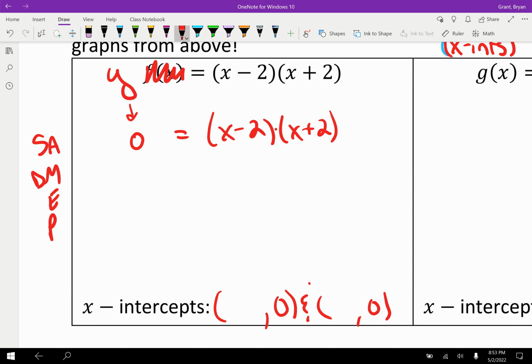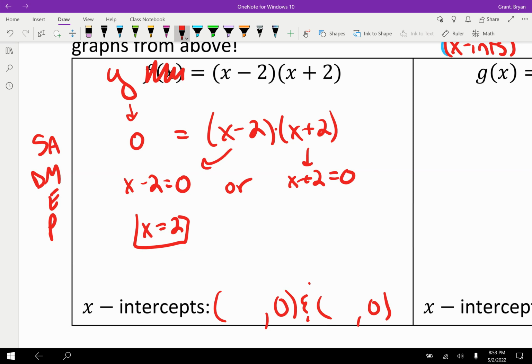And whenever we have parentheses multiplying to equal 0, can't we apply that zero product property, which says take one factor, one set of parentheses, and set it equal to 0? Or take the other one and set it equal to 0? Yeah. In fact, what we've done the last 2 days directly relates because of these x-intercepts. And to solve, we've done this enough. Add your 2 to both sides, subtract your 2 from both sides, and we now have our 2 x-intercepts.